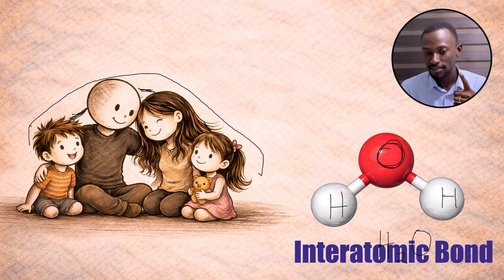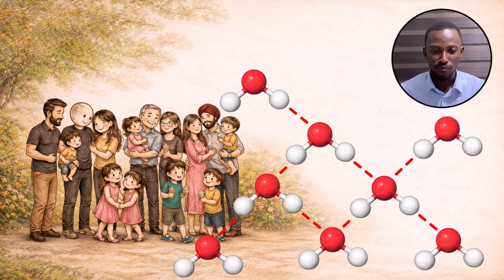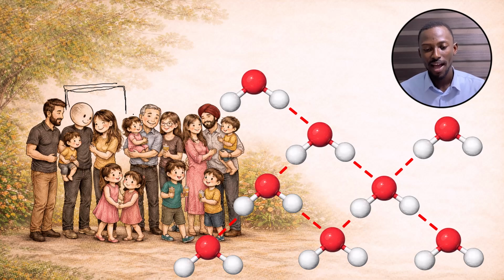Remember the extended family analogy? So we have Kofi out here, forming one molecule. And then we have Kofi's brothers out here also forming their own molecule. But they all came together to form one extended family.